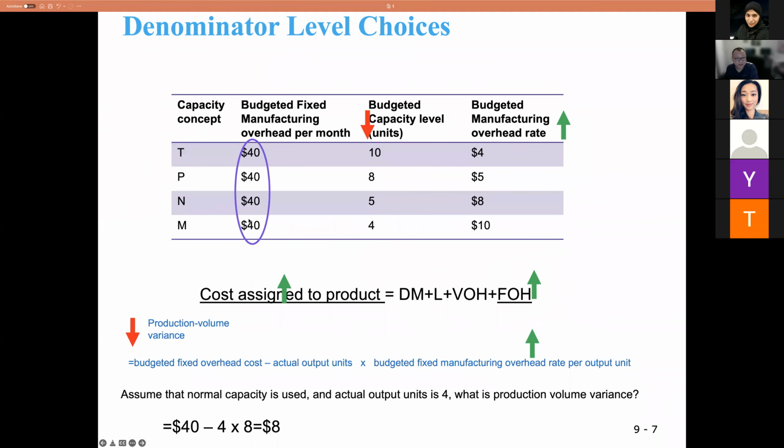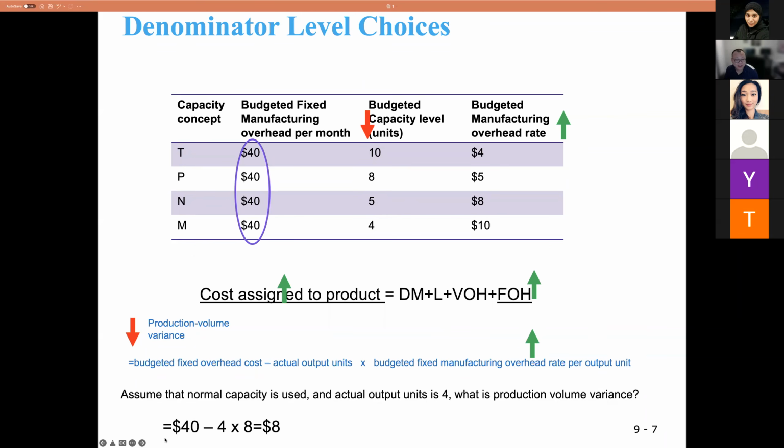The production volume variance equals the budgeted fixed overhead cost minus actual output units times budgeted fixed manufacturing overhead rate. So for example, let's assume that we are using the normal capacity, 5. The actual output is 4. So what's the production volume variance?